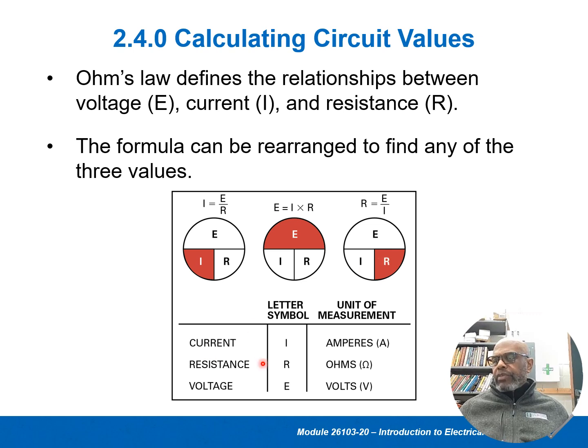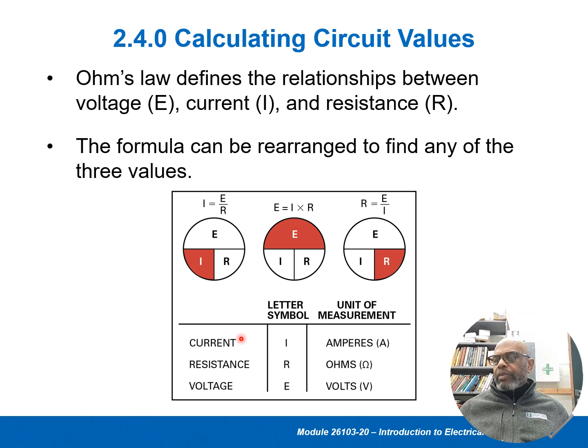Again, let's look at these symbols here. When we're looking at a mathematical formula, current, resistance, and voltage, current is I. However, when we represent it as a numerical number, like 120 volts, we use V. If it's 10 ohms, we use the omega symbol. And if it's current, we just put a capital A for amperage.